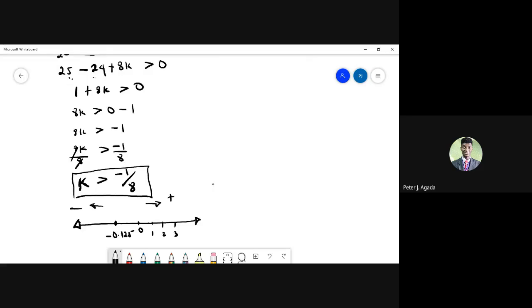So my k value should be anything, I'm going to use blue color, from -0.125 to infinity. So k is anything greater than -1/8. I hope that answered this question for this part.